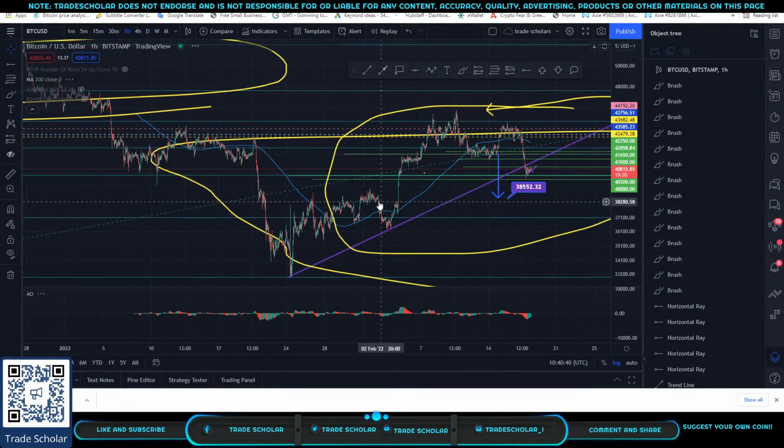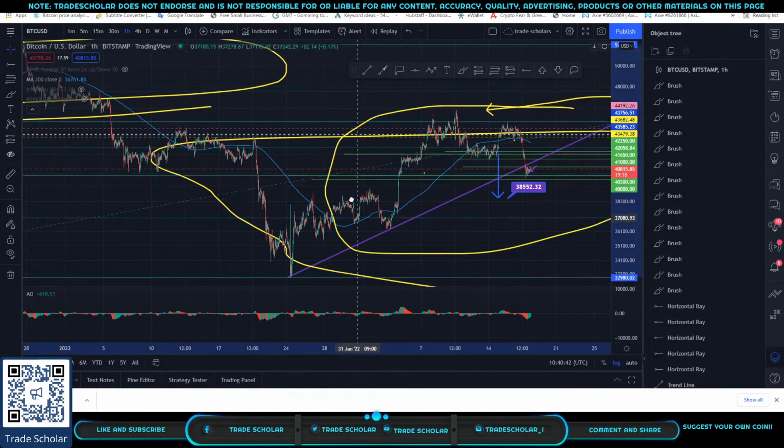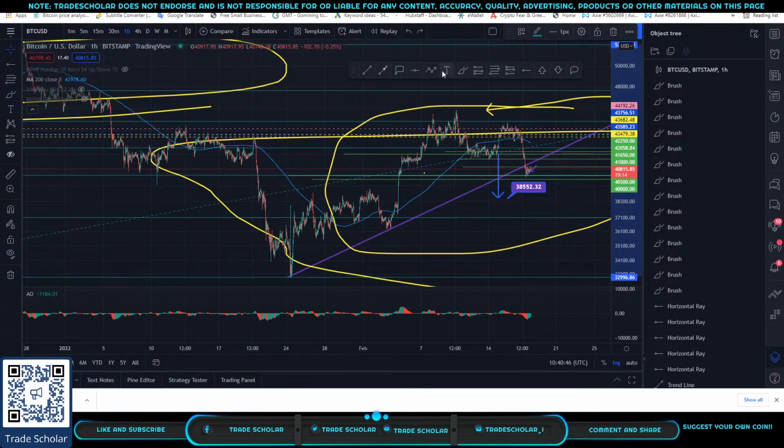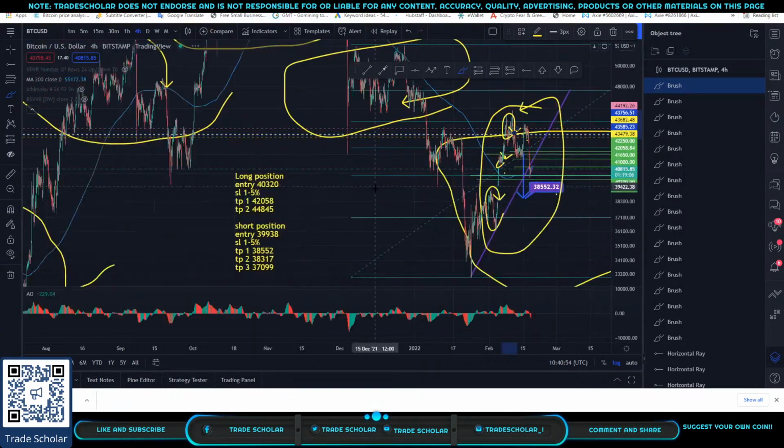Here, this one is the accumulation, reaccumulation, distribution. That's the 4-hour time frame.